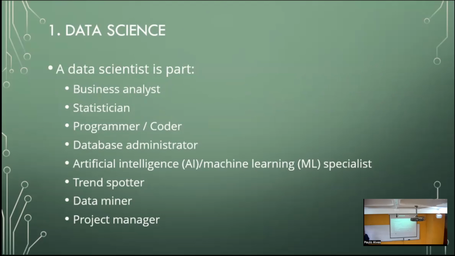Artificial intelligence and machine learning are very important to have insights of the data and more advanced knowledge. Storyteller, data miner, project manager. So data scientist is an all-in-one area.